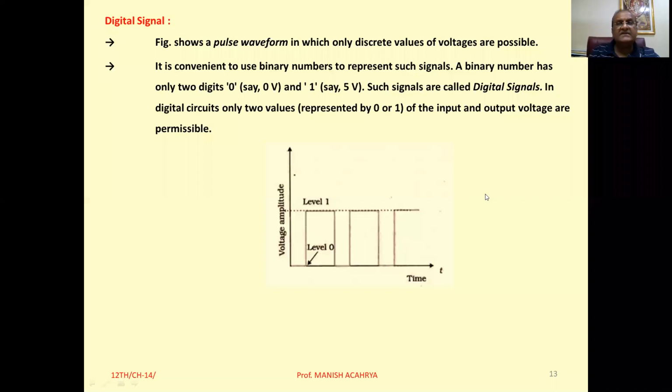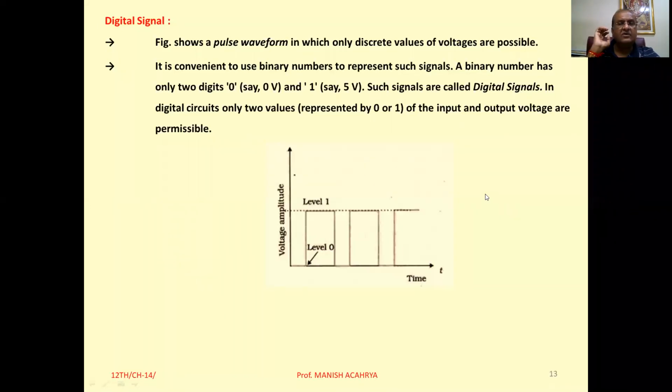To represent this particular situation, we use the binary number system, because in the binary number system we use only two digits, 0 and 1. So for digital signal, when we use 1, it implies that the value of the voltage is maximum, say 5 volt.